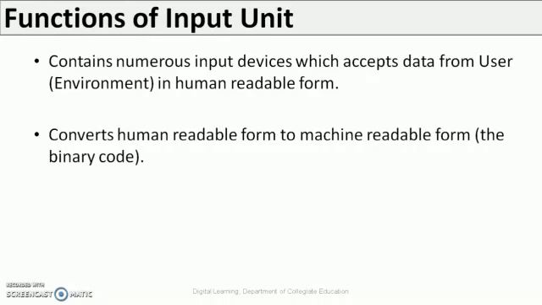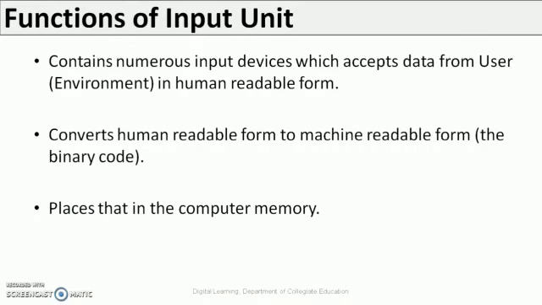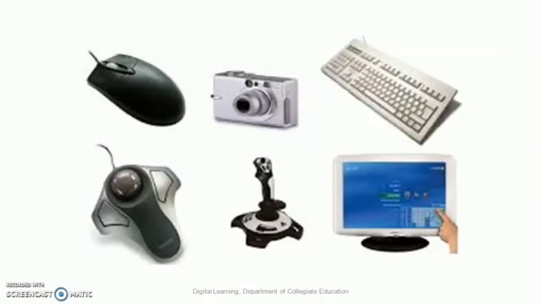So it converts human readable form to machine readable form. We call it binary code. After converting to binary code, it places that in the computer memory.